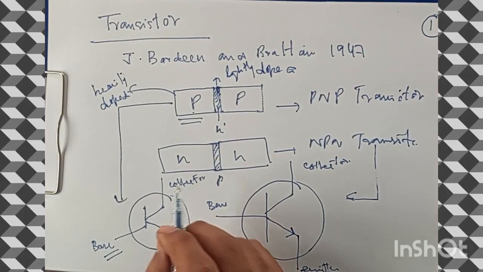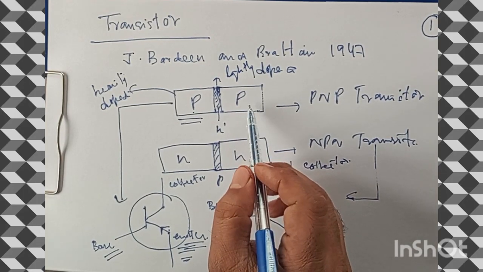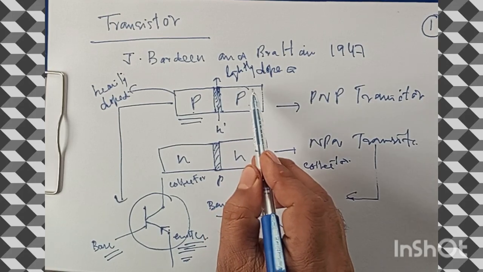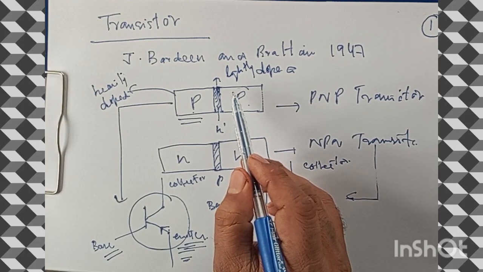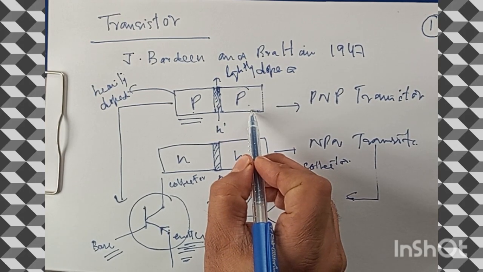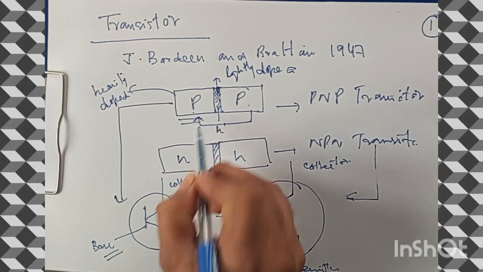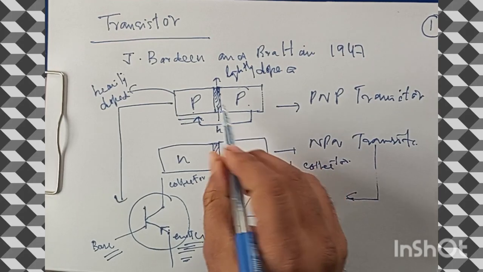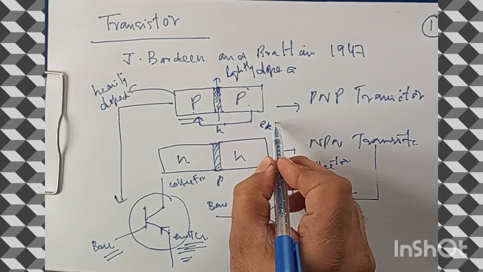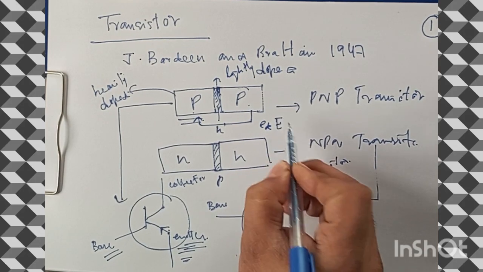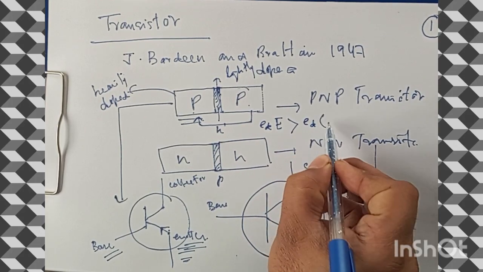Now the third terminal, if I take this PNP transistor, is the other P side of the transistor, which is doped slightly less than the emitter. So the doping of the emitter is greater than the doping of the collector.